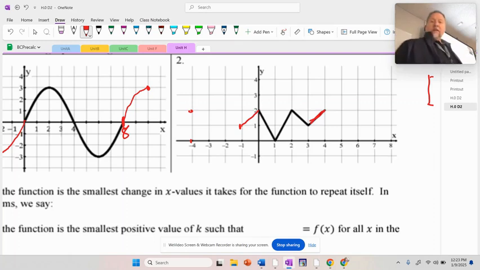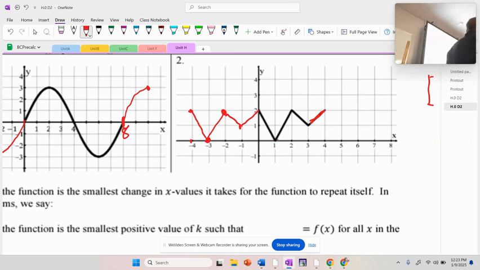Got it? And then this part from 2 to 3 is this part from here to here. Getting a little scratchy there. And then 1 is at -3. And then this one goes here. And then just check, does that graph look like a carbon copy of the other one? And it does. Okay? So it's like cutting and pasting and moving it.